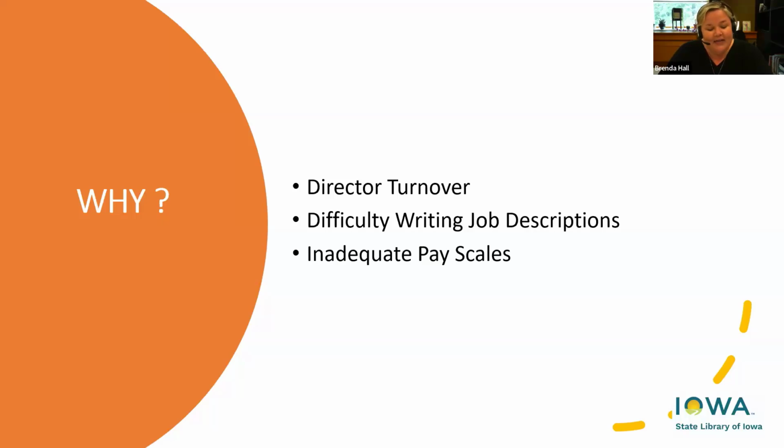And the most often used resource is the Big Stats book, which is our annual publication of all the participating Iowa libraries' statistical data for the past fiscal year, which includes director salaries.